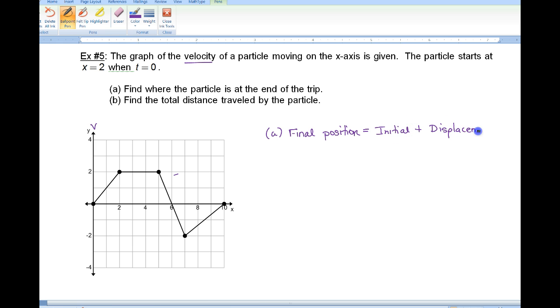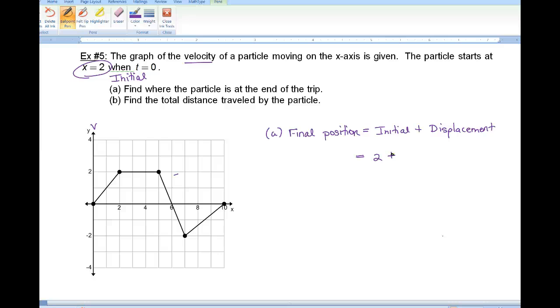Now I don't have a function. I have the initial position. It says when t equals 0, x equals 2. Plus the displacement. Now I don't have a function to integrate, but I can figure out the actual area under the curve.